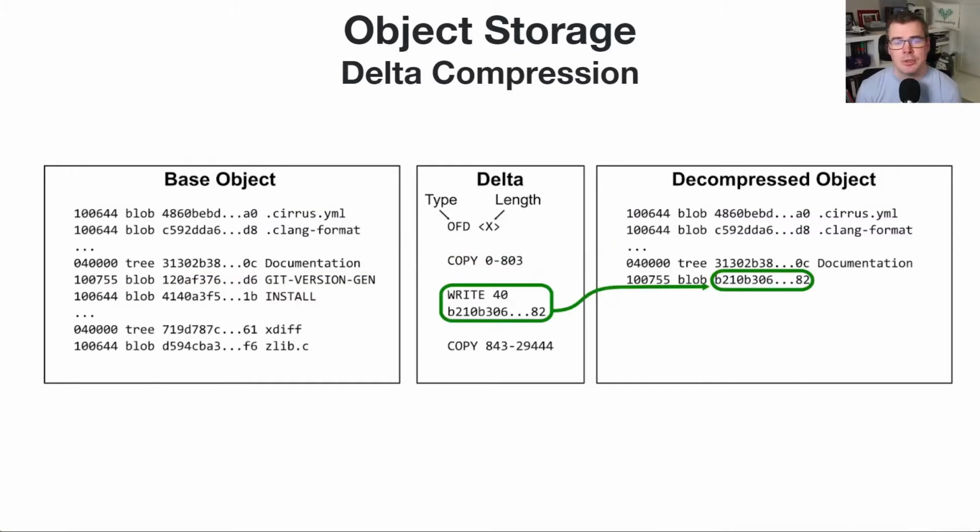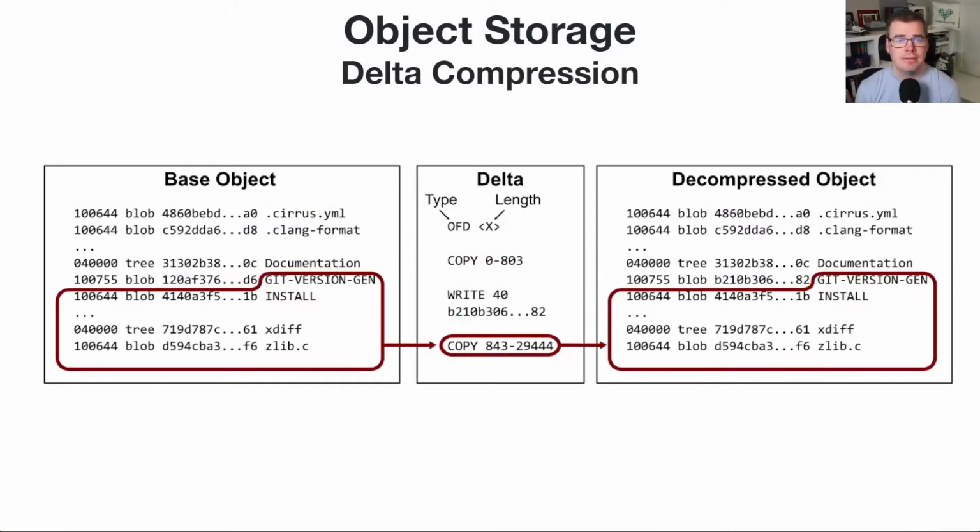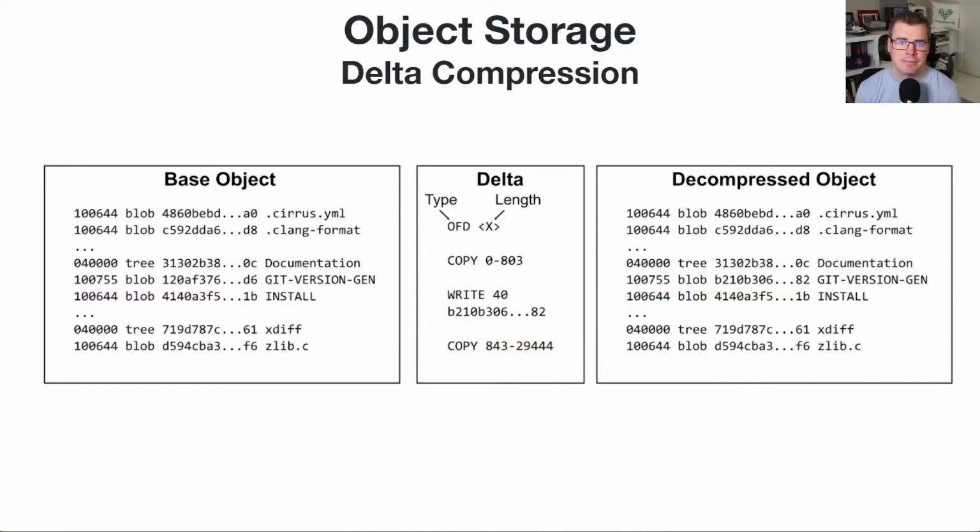Then we write a new section of data corresponding to a different object ID. Finally, we copy the remaining data from the original tree, starting with the file name for the Git version gen entry. At the end of this process, we have constructed the decompressed object, but used significantly less data to store the 2 objects than if we did not use delta compression.